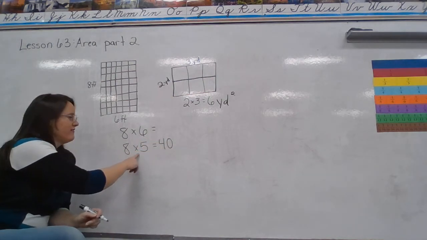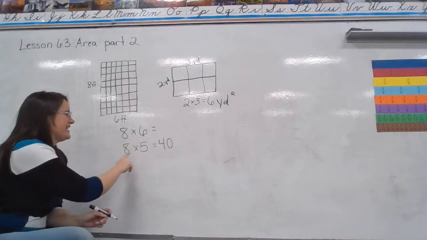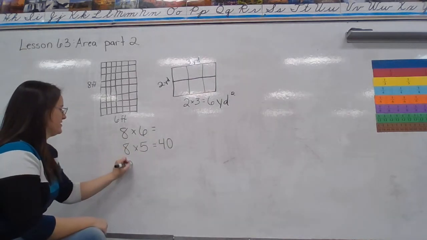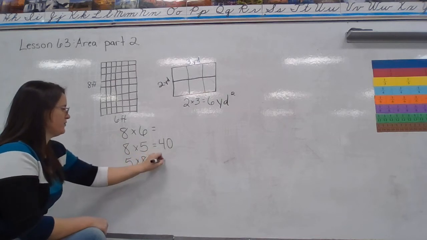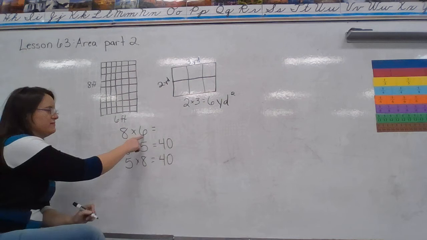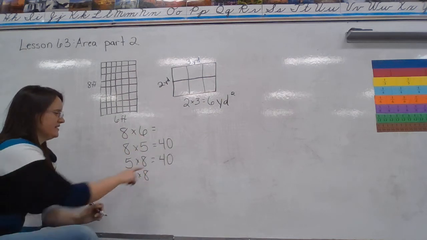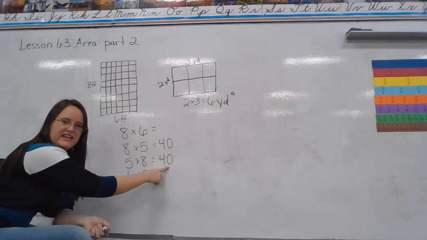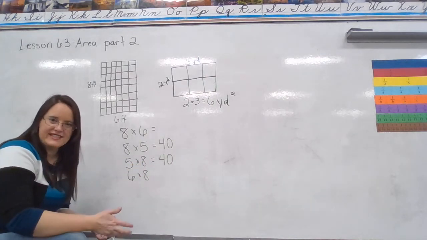Well, what if I have one more group of 8? I said 8 groups of 5. Let me rearrange that. Let's say 5 groups of 8 is 40. And I'm looking for 6 groups of 8. So if I have 5 groups of 8 here and it gives me 40, what would one more group of 8 add to that?